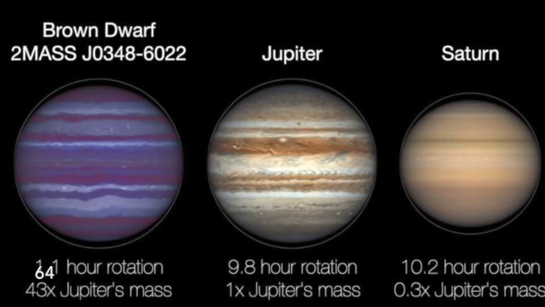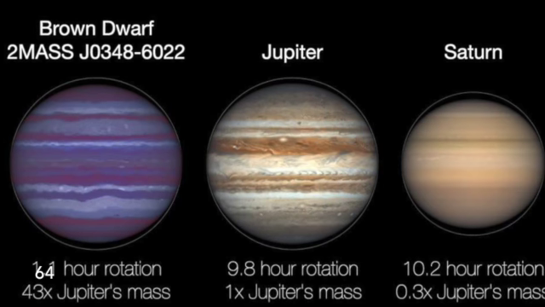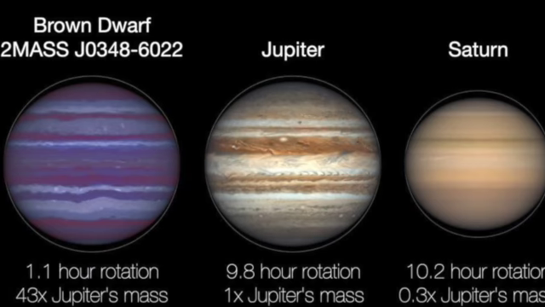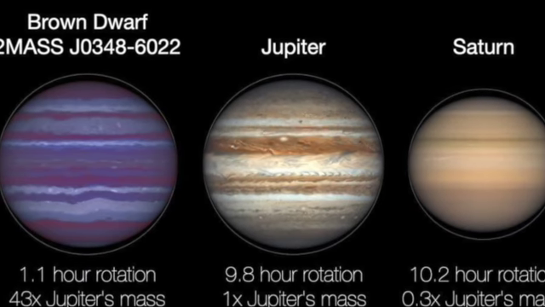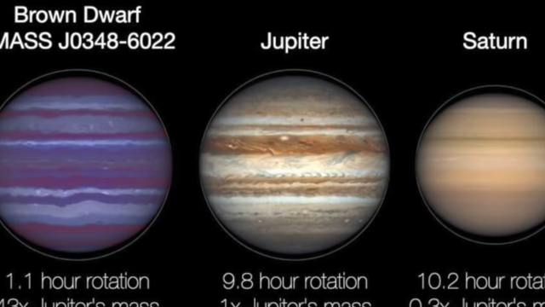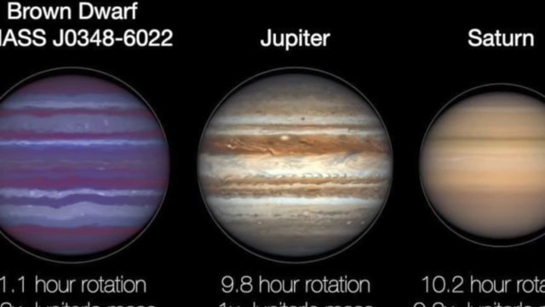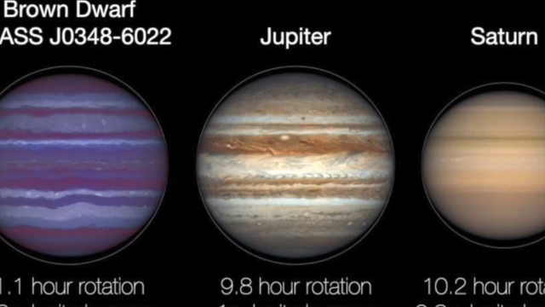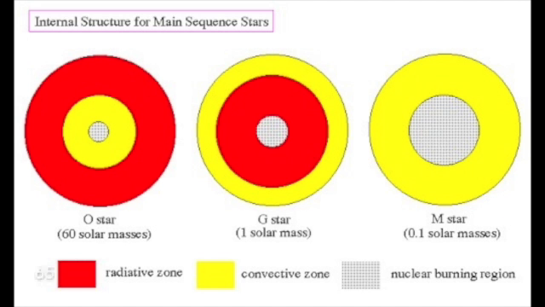With a mass of between 12 and 80 Jupiter masses, these failed stars are called brown dwarfs. Larger than 80 Jupiter masses is when the thermonuclear fusion begins, and less massive than 12 Jupiter masses is considered a planet. Stars between these masses fuse hydrogen into helium in their cores in a process called core hydrogen burning.